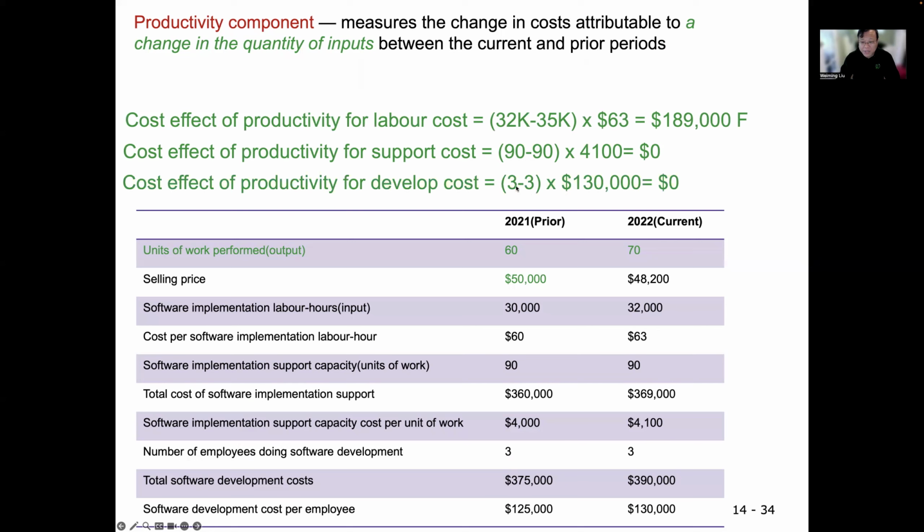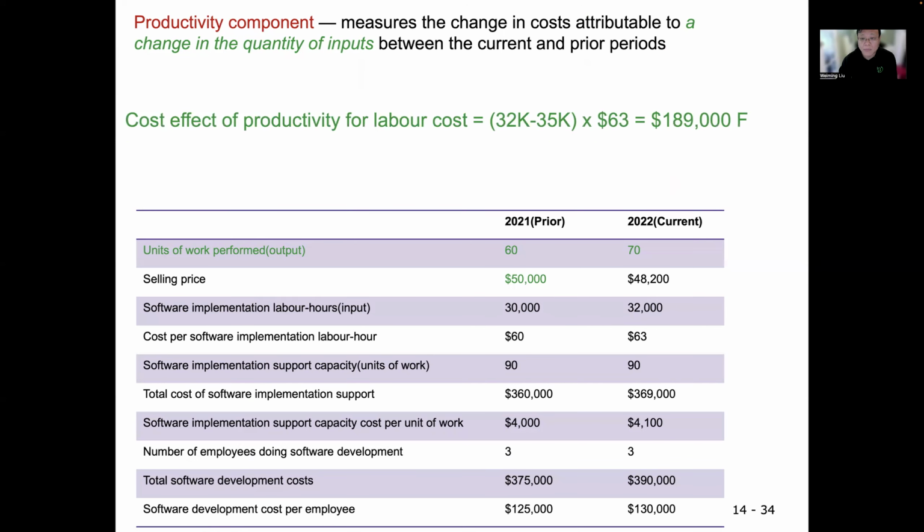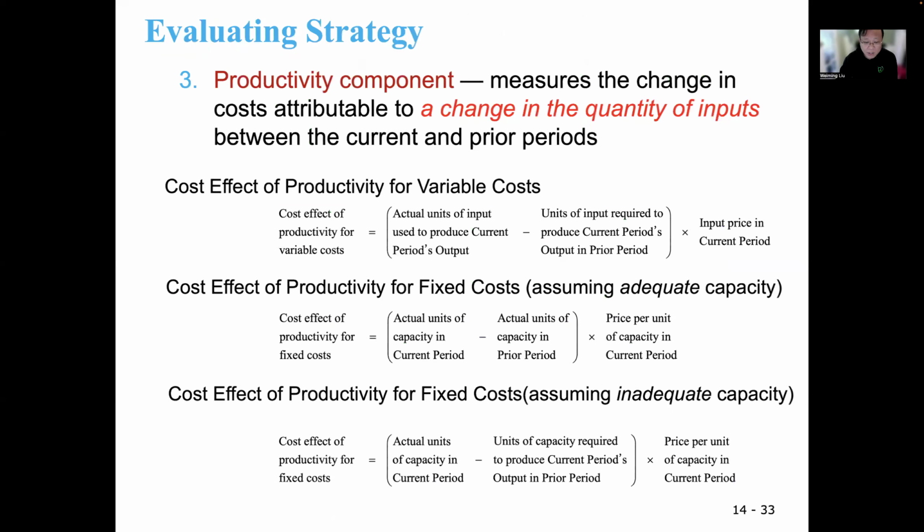And for development, current 3 minus 3 times 130,000, that's 0. So the idea is when you are given this information, you need to use these formulas to figure out the difference.